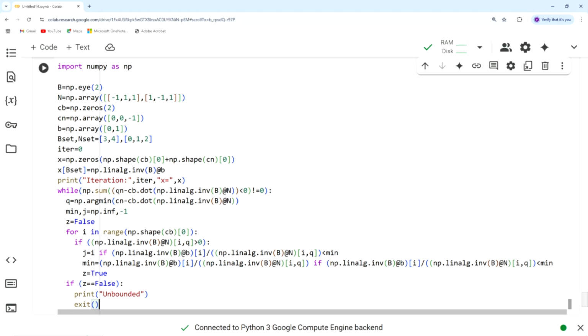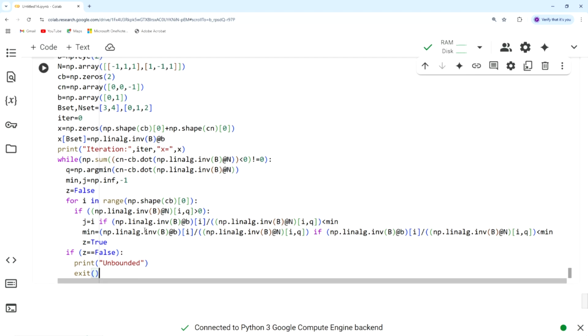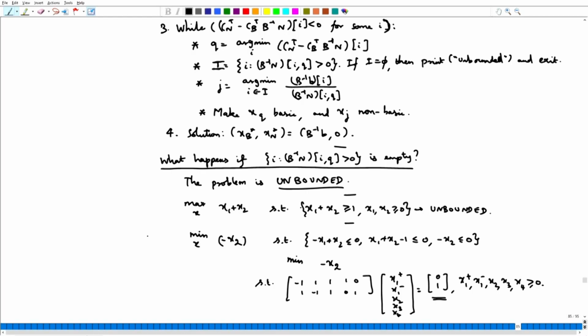I am not sure if you have understood whatever I have written. In all of these lines, what I have done is what is given in the second and third bullets. That is, to find which j minimizes B inverse b by B inverse n among i in capital I. So, that is exactly what I have done.